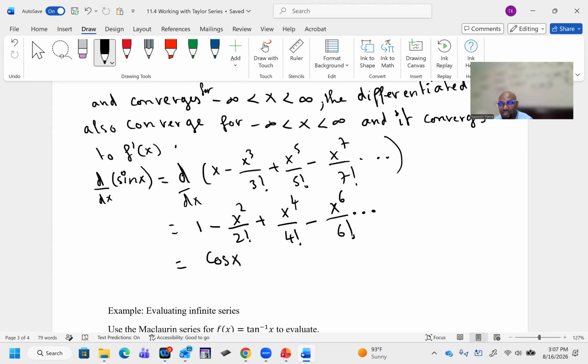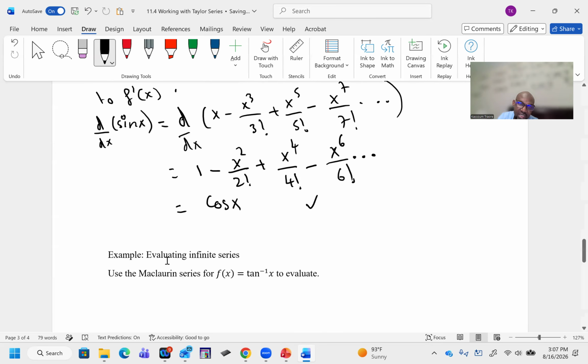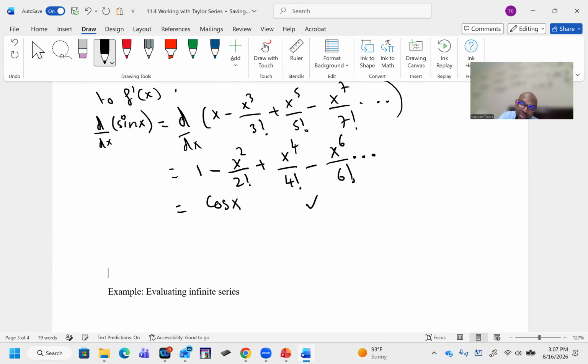So check that. So now let's go to the next one, evaluating infinite series. Use the Maclaurin series for f of x is equal to tangent inverse of x to evaluate. Let me bring this to the next page.